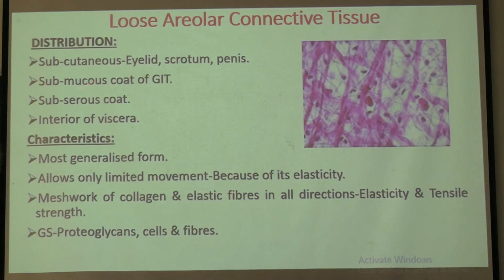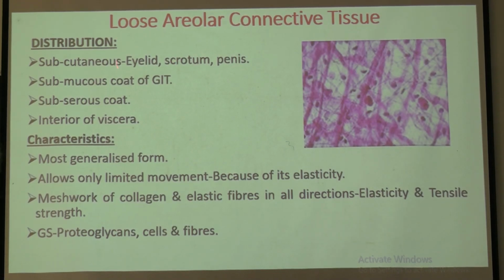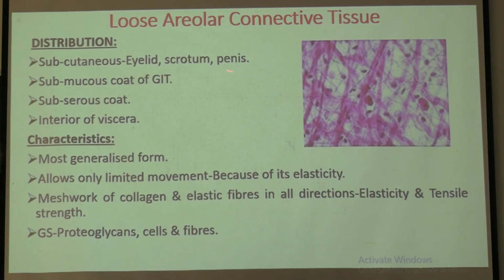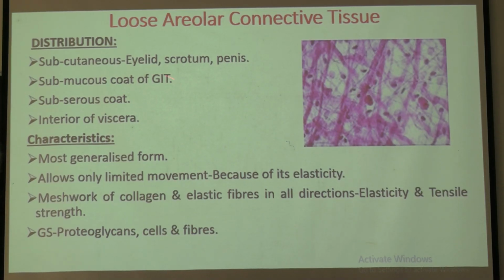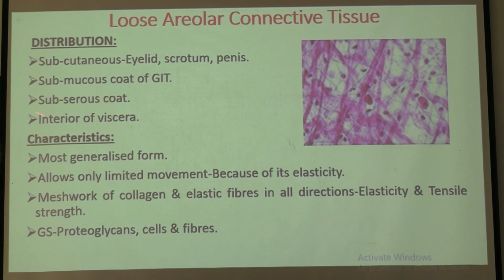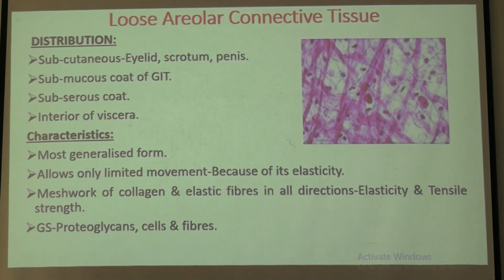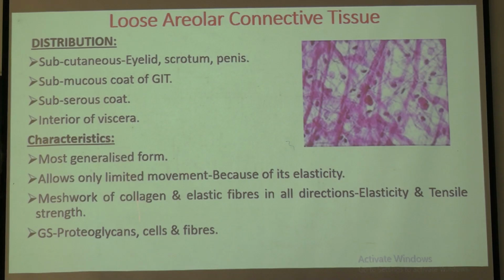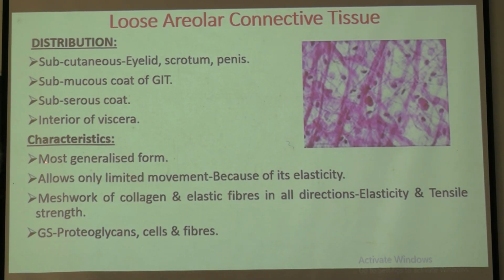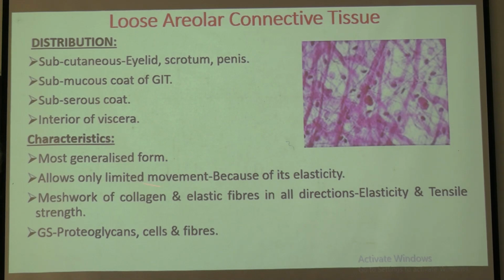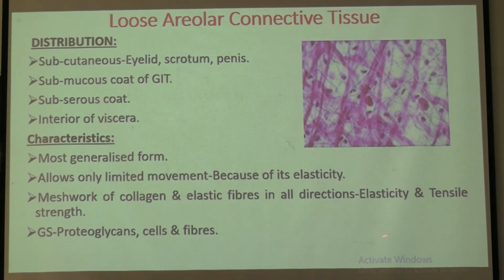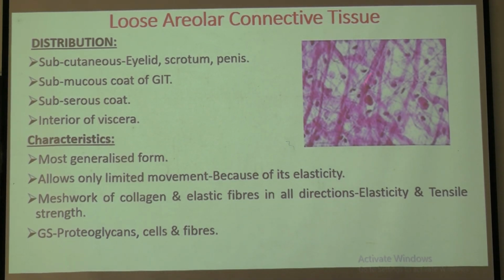It is present in the subcutaneous tissues of the eyelid, scrotum, and penis, the mucous coat of the gastrointestinal tract, the subserous coat, and the interior of the viscera. These are the characteristics: it is the most generalized form and allows only limited movement because of its elasticity.